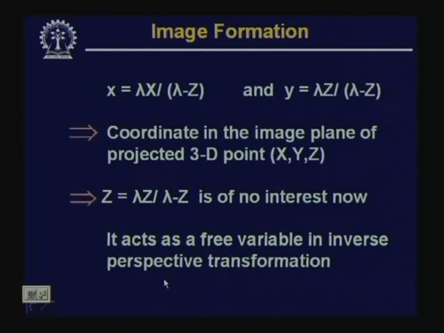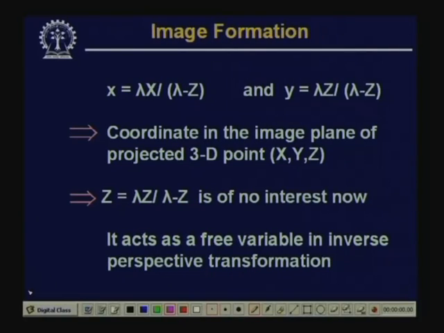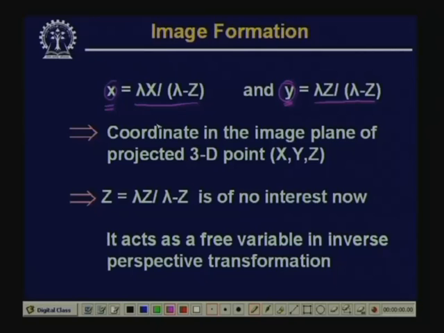Now, if I compare these expressions with the camera coordinate that we obtained with respect to our previous diagram, you find that lowercase x is nothing but lambda capital X divided by lambda minus Z. Similarly, lowercase y is nothing but lambda capital Y divided by lambda minus Z. Using our previous diagram, we have also seen that these lowercase x and lowercase y are the image points on the image plane of the world coordinate capital X, capital Y and capital Z. So, this shows clearly that using the perspective transformation that we have defined as the matrix P, I can find out the image coordinates of a world point capital X, capital Y, capital Z.